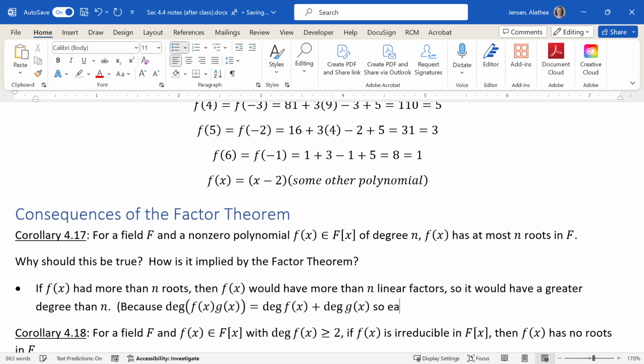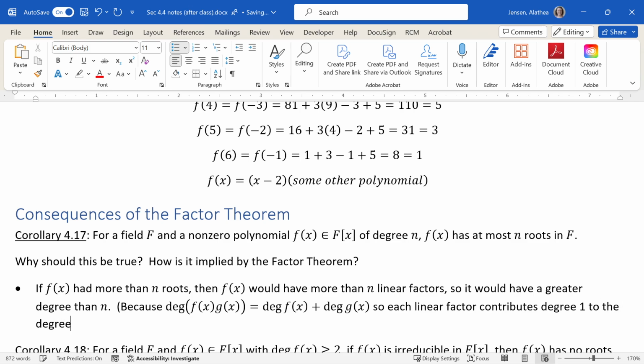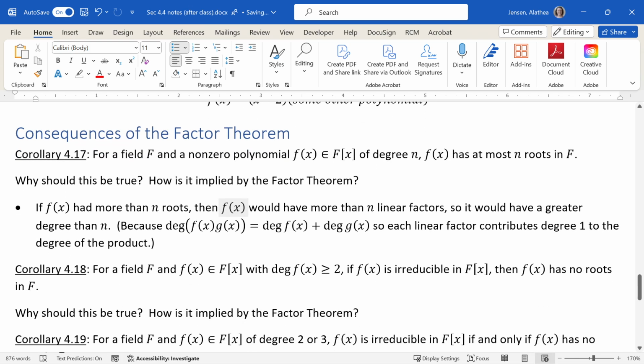So each linear factor contributes degree 1 to the degree of the product. And then when you add up all those linear factors, they each contribute degree 1, so the complete product would have to have greater degree than n. Okay, I hope that makes sense. Let's look at the next one.